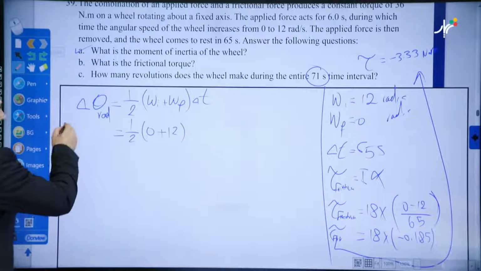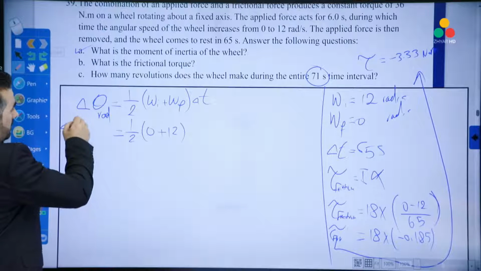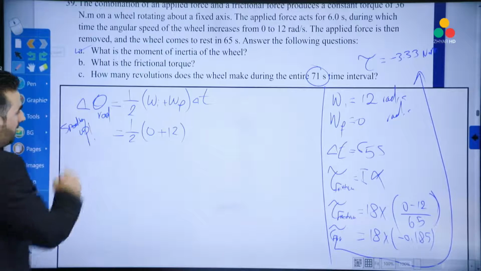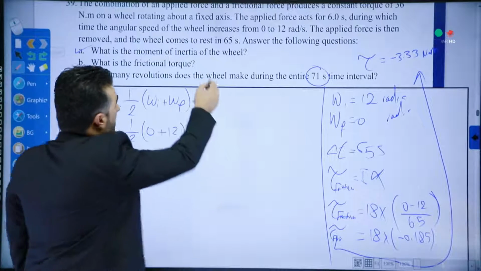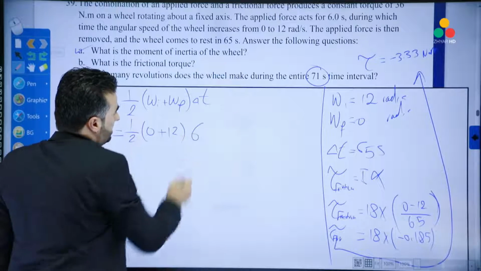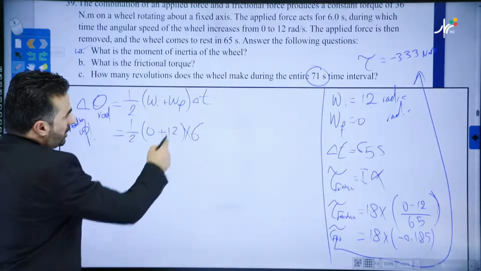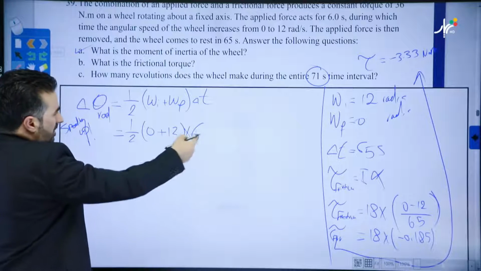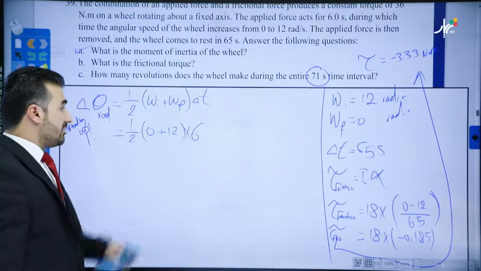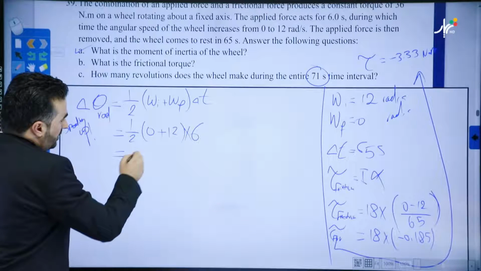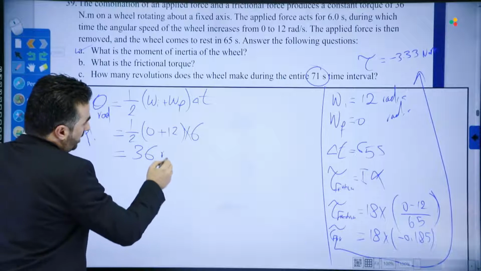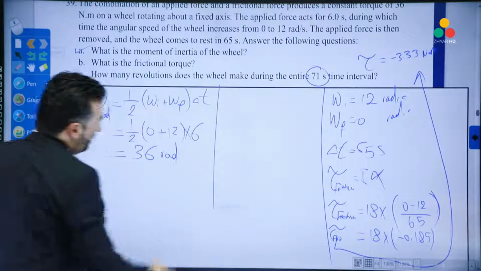Multiplied by delta t, and it was speeding up for 6 seconds. So 6 divided by 2 is 3. 3 times 12 is going to be 36 radian. Don't forget this. That is in terms of speeding up.